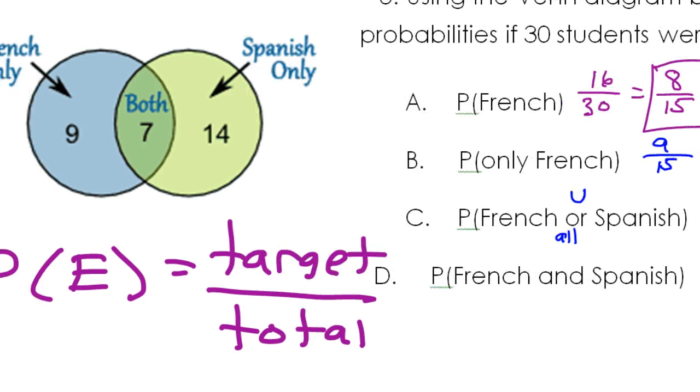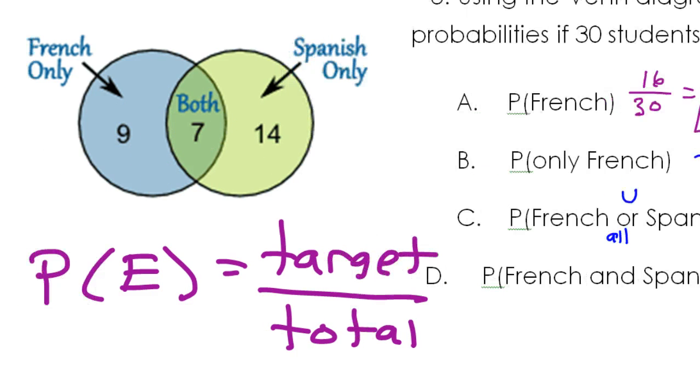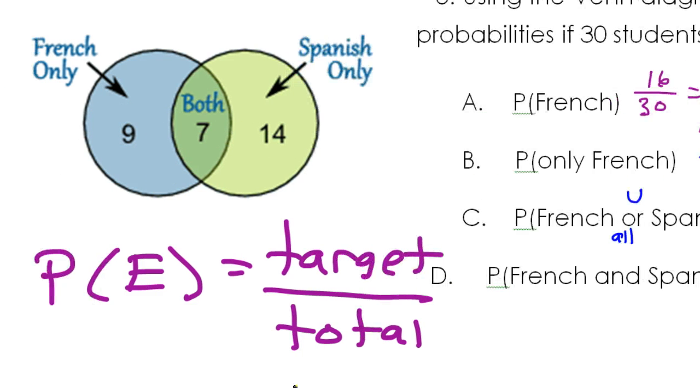So French or Spanish is the whole kit and caboodle. 9 plus 7 is 16 plus 14. It's 30. It's all 30 students. It's the whole sample space.